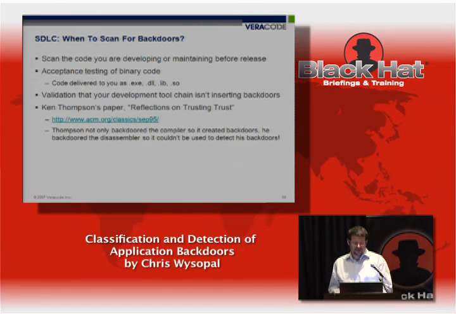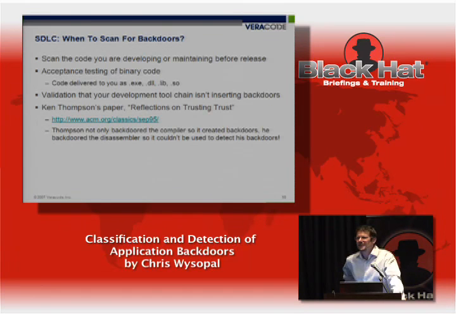Finally, I think that sort of the grandfather of backdoors and thinking on backdoors is Ken Thompson. And I highly recommend this paper that he wrote, Reflections on Trusting Trust. If anyone doesn't know Ken Thompson, he was one of the creators of Unix, and he wrote the original login program.